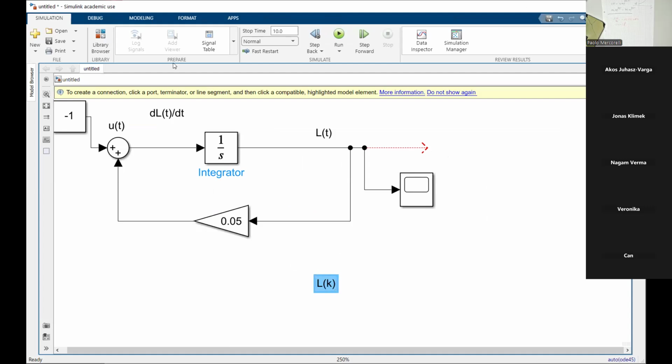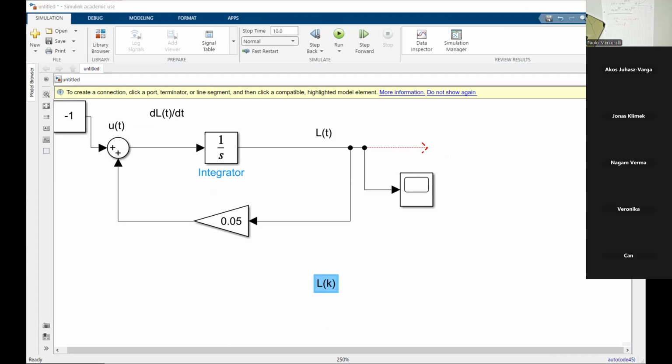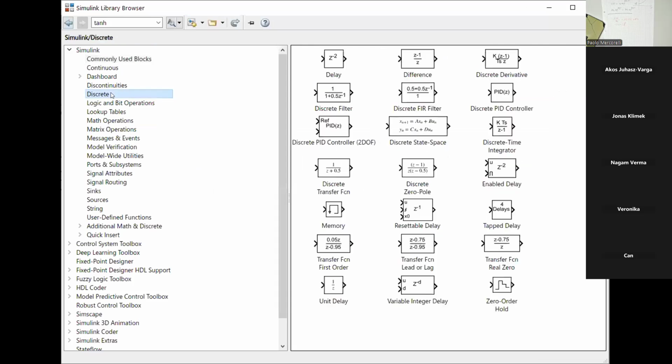The meaning is we have, again here in the library, I think this we can find in the discrete. You can see that we have a block dedicated to discrete, because in particular, here in discrete, we can see that we have unit delay. What is the unit delay? Let me click and drag.